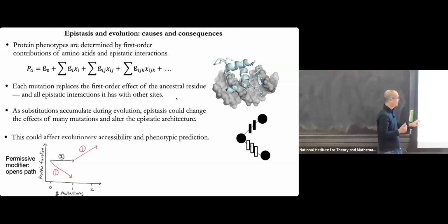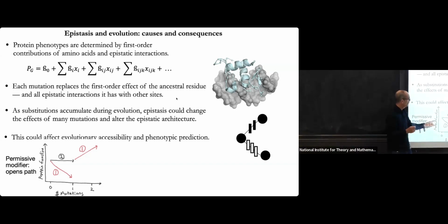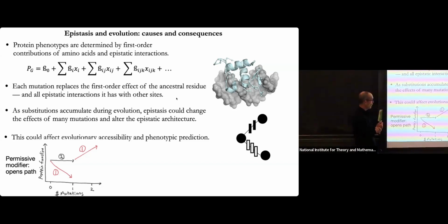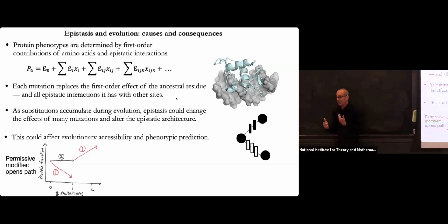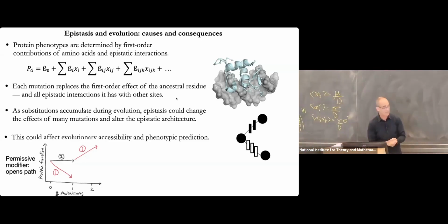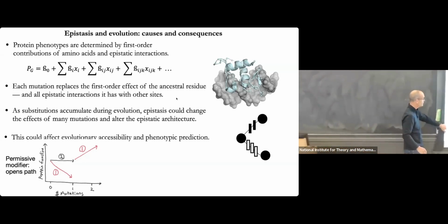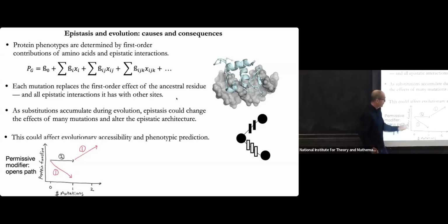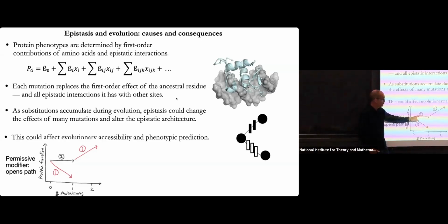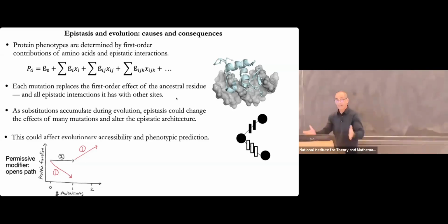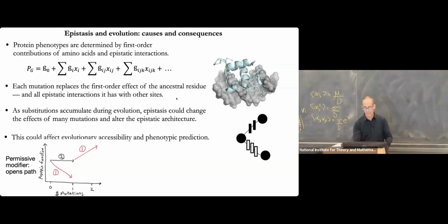So let's consider some mutation, which I've labeled as number 1, which is initially inaccessible because it's deleterious; it reduces the phenotype. But if there's a permissive modifier, number 2, which as drawn here is neutral, it could epistatically modify the effect of 1, making it advantageous, opening the door for that to occur during evolution.